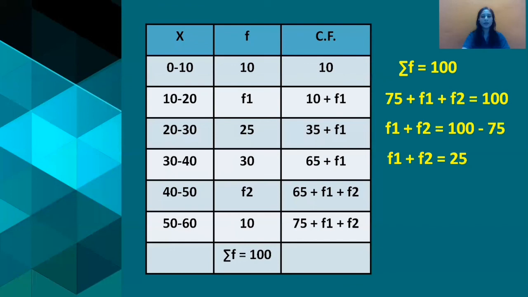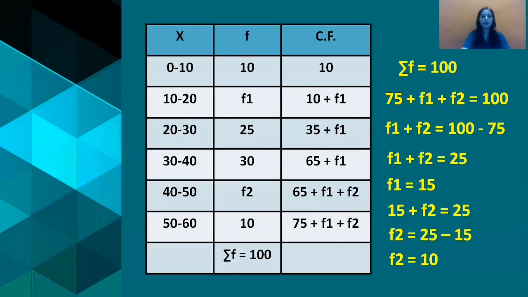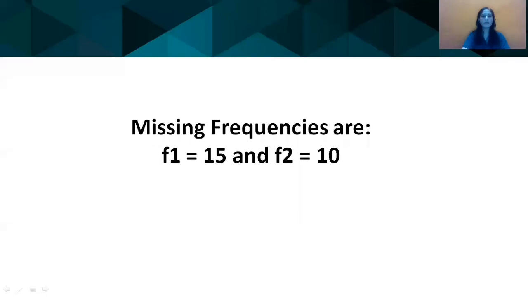Now we have just calculated the value of F1, that is 15. So we can replace this value in the above equation and write it as 15 plus F2 equals 25. We can transpose 15 to the right hand side and write F2 equals 25 minus 15. That is, F2 is 10. So now we have found both the missing frequencies, that is F1 is 15 and F2 is 10.